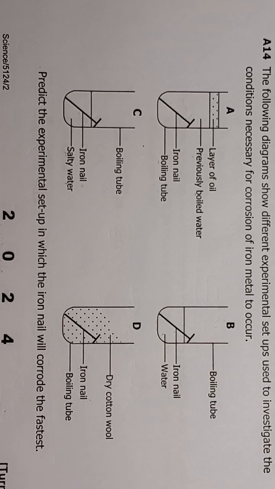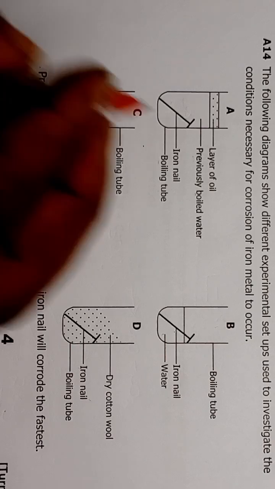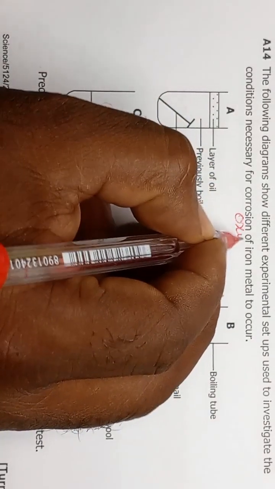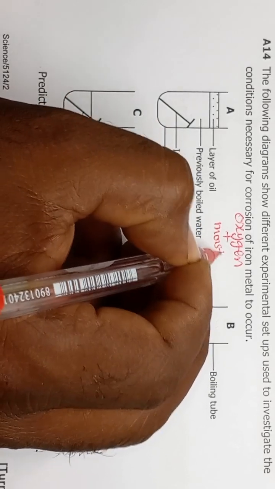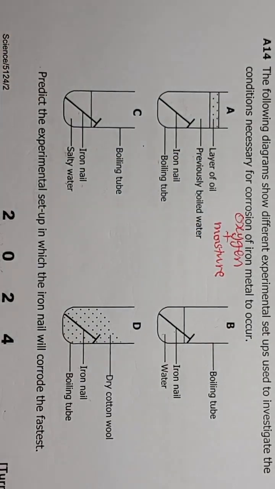So for corrosion of iron metal to occur, in other words, for rusting to occur, there are two conditions that are necessary. The two conditions are oxygen and moisture. So option A does not have air in it, or oxygen.